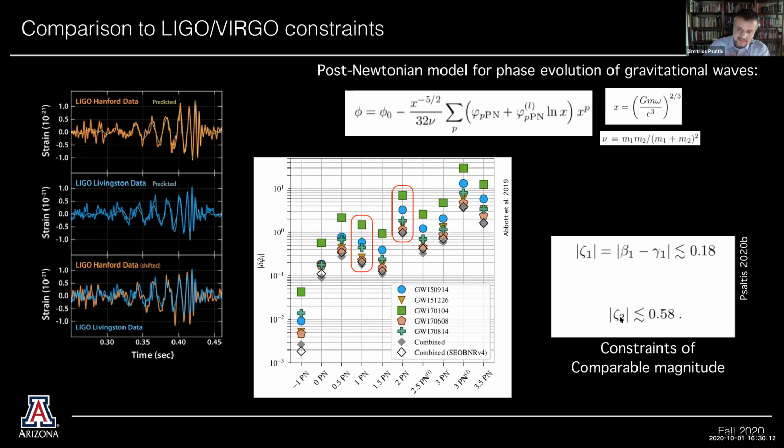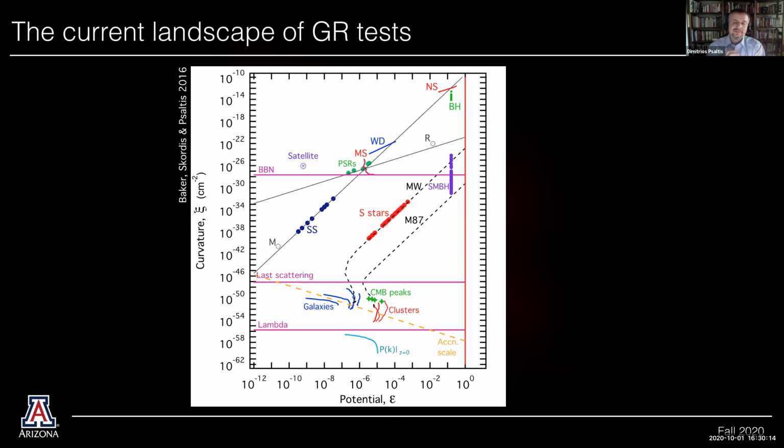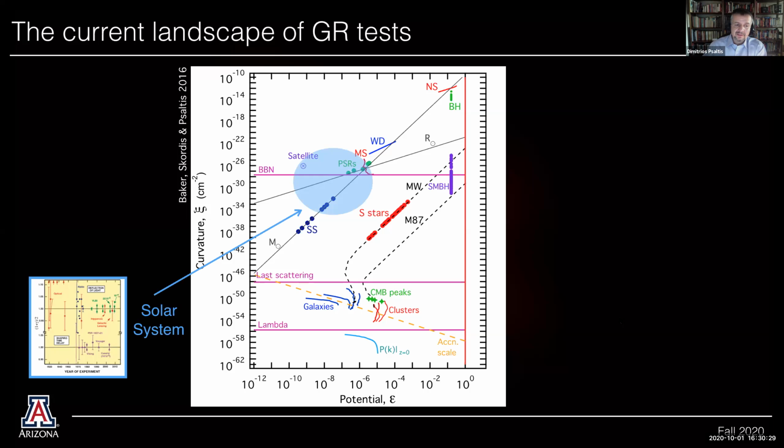So I'm at the hour. I just want to cycle back to that plot that I showed you before, the landscape of general relativistic tests. When we wrote that paper 5 years ago, we had only a few of the tests possible. We knew about the solar system tests, and I showed you how one does those.